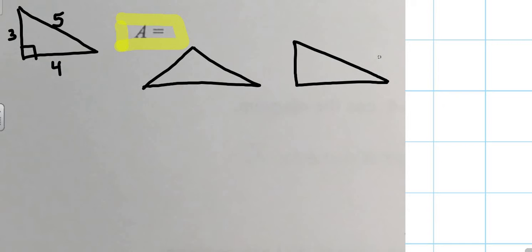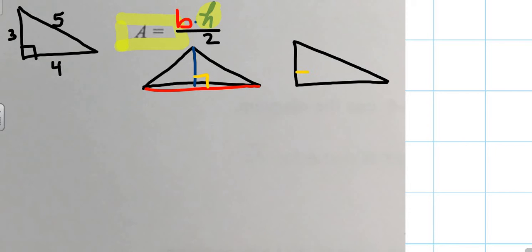Now the area of both these triangles is going to be the length of the base times the height divided by 2. What's super important to understand is when you see the word height, it always implies a right angle. So in this triangle, that would be the base, and that would be the height, because it implies you have a right angle.